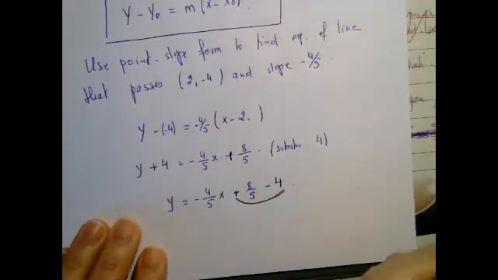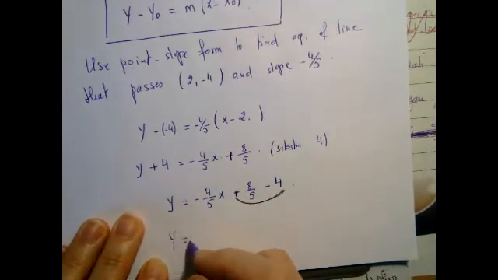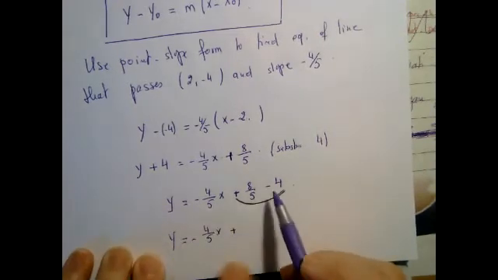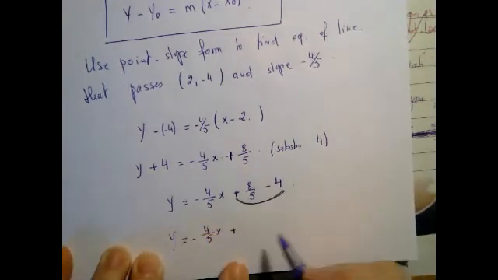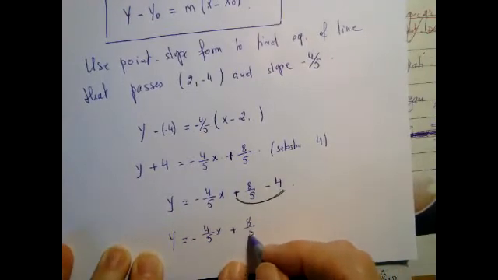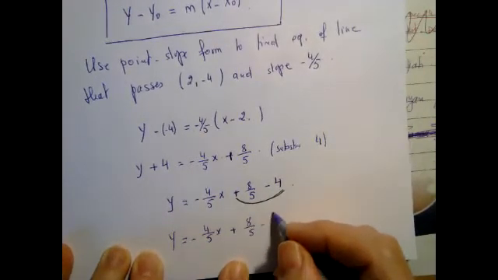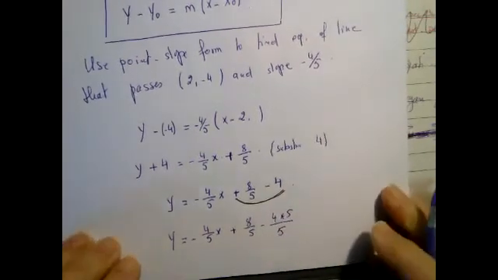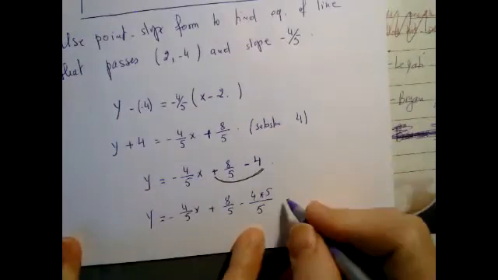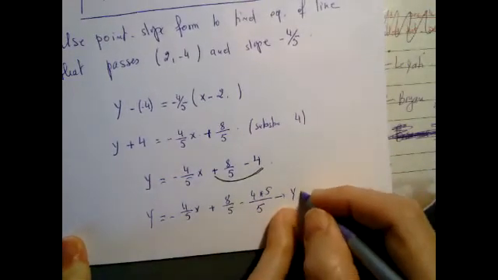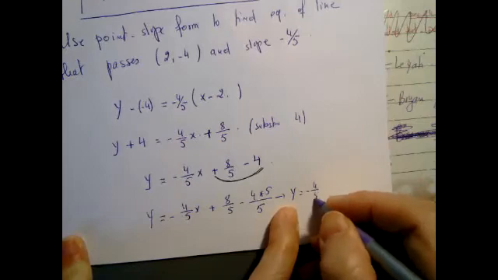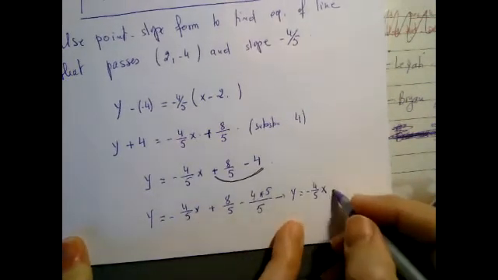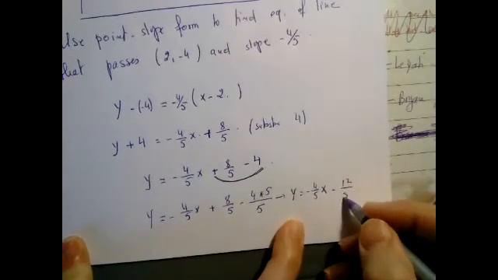We don't leave them like that. This would give me -4/5 x plus, the common denominator has to be 5, so I have to multiply the 4 by 5, so 4 times 5 over 5. And finally, I will get my y equal to -4 over 5 x, 8 minus 20 gives me minus 12 over 5.